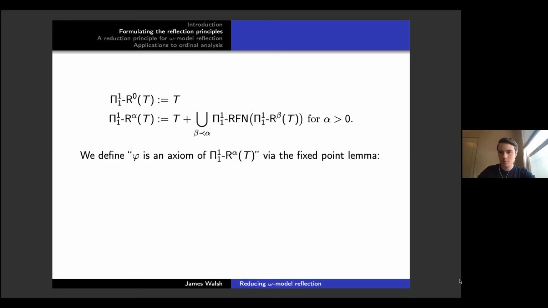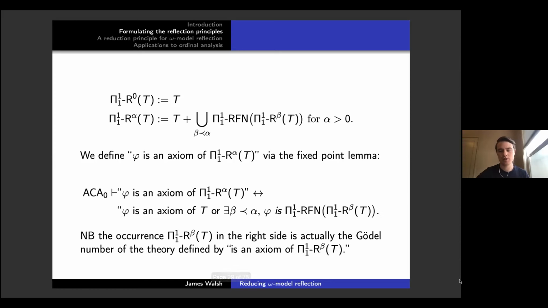So the way that we do this is we appeal to the fixed point lemma. So we can define the formula phi is an axiom of alpha iterated reflection. This is a formula in 3 variables, phi, alpha, and t. We can define this in ACA 0 using the fixed point lemma. The definition, I'm not going to give you the most explicit syntactic definition because it really does just formalize an intuition that's already codified in those equations.